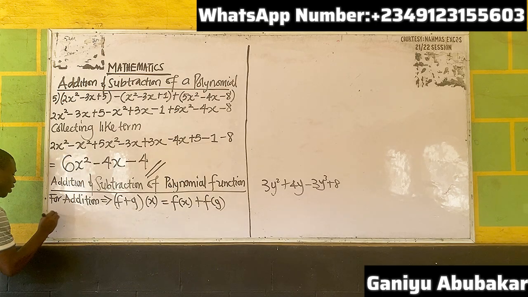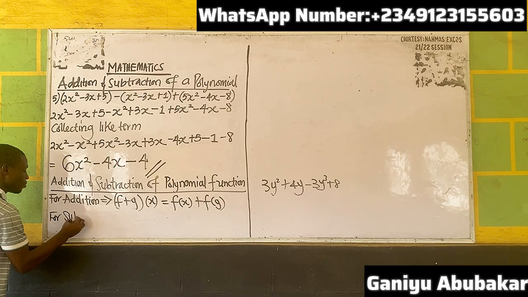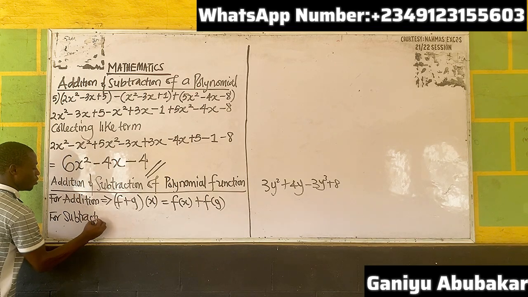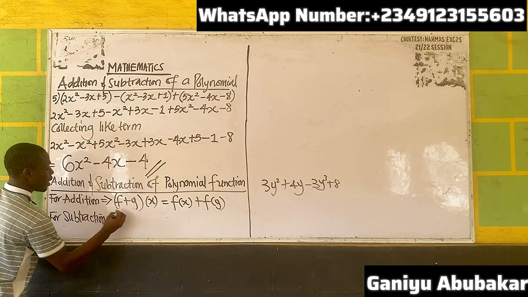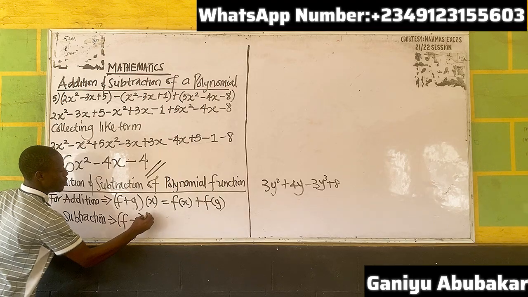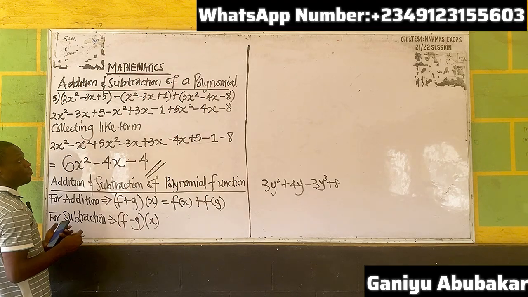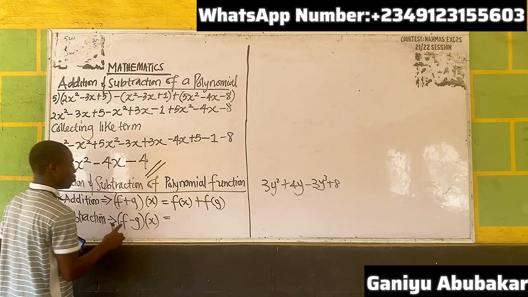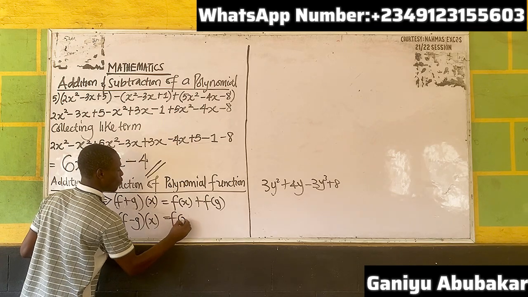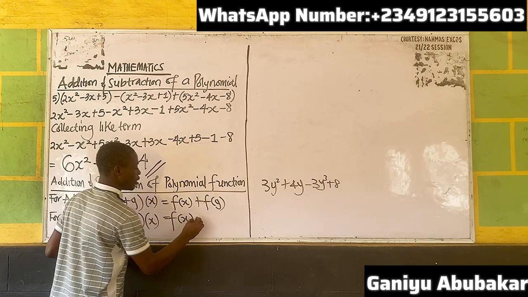For case 2, subtraction, the case is similar. If I have f minus g, x is the function variable there. This is equal to f of x minus g of x. Now, the difference is just negative.